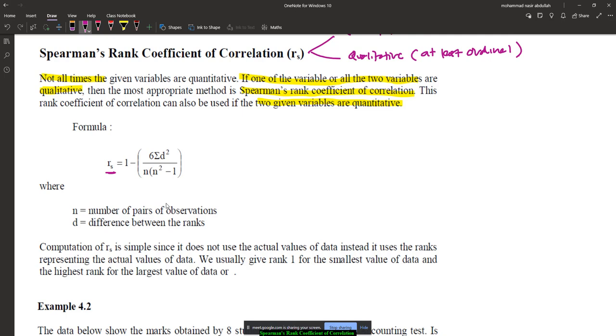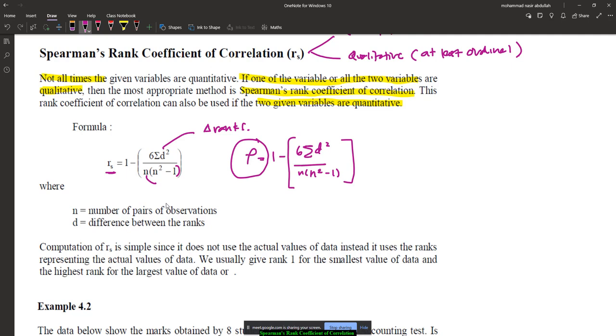The formula for calculating Spearman rank is R equals 1 minus 6 multiplied by the summation of D squared, where D is the difference between the ranks, and n is the number of observations, divided by n times n squared minus 1. Normally the symbol for Spearman rank is rho; if you want to use RS, that also works.